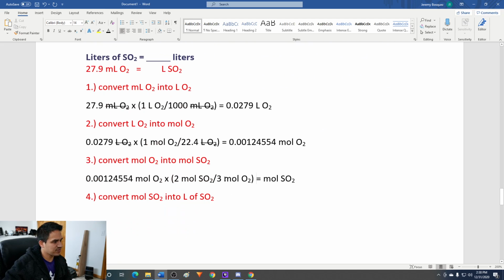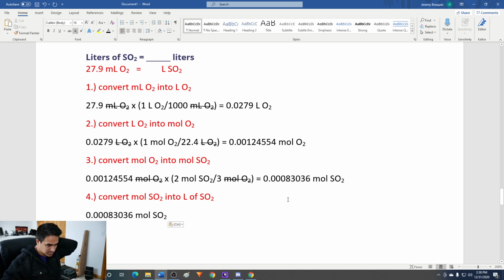I'm just making sure that we have the right numbers. So that will cancel out with this. We're going to take our beginning number, times it by 2, then divide it by 3. Again, even smaller numbers, 0.000833036.